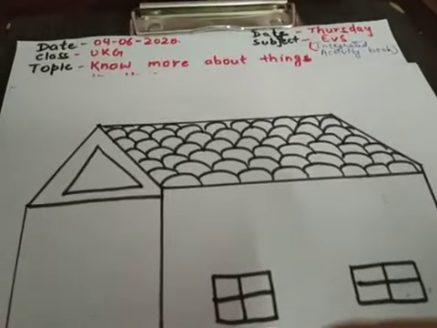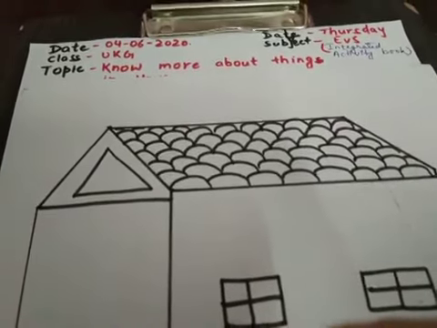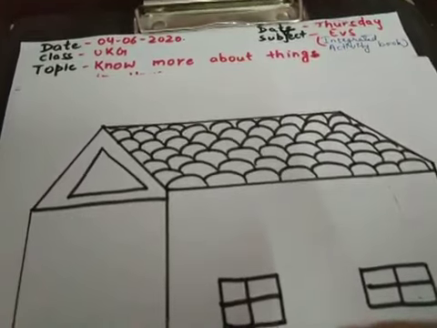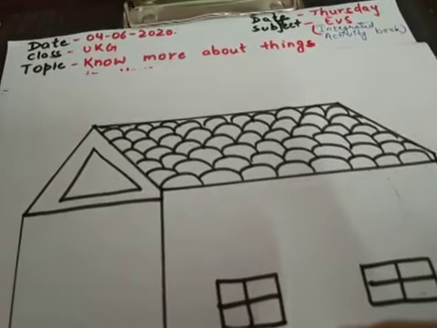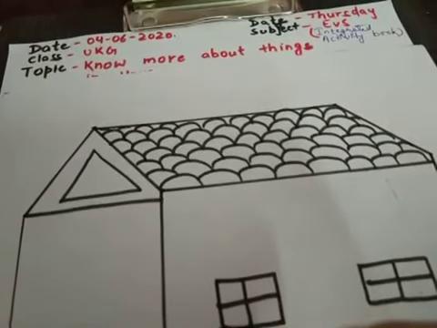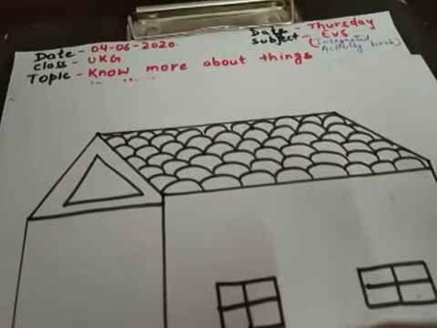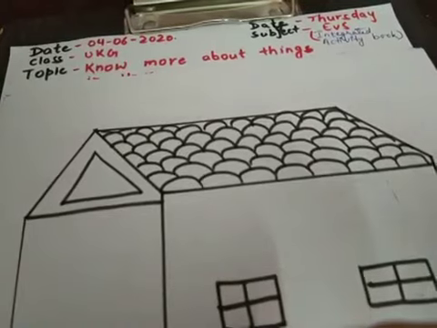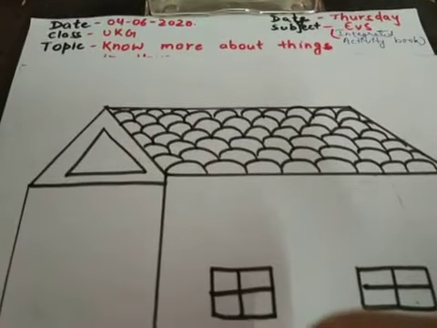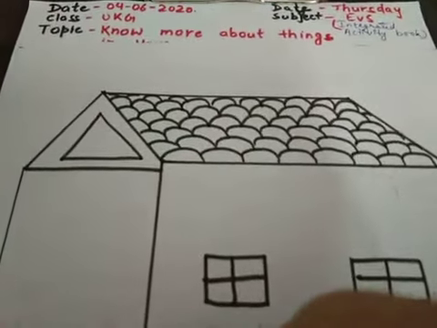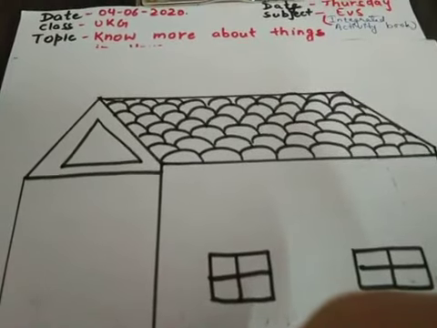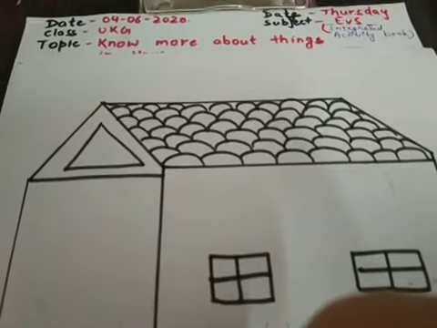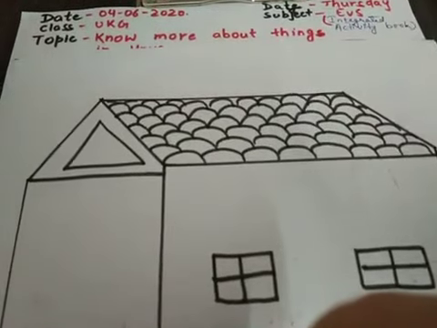So you must have seen various things in your house. You must have recognized those things, and sometimes you must have asked your parents what is this and what is that.